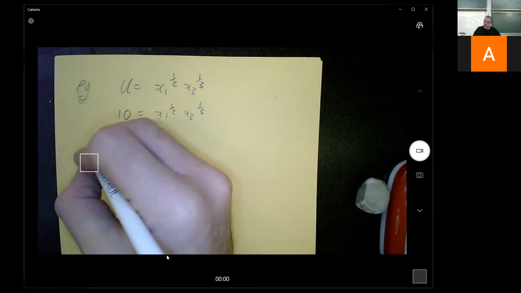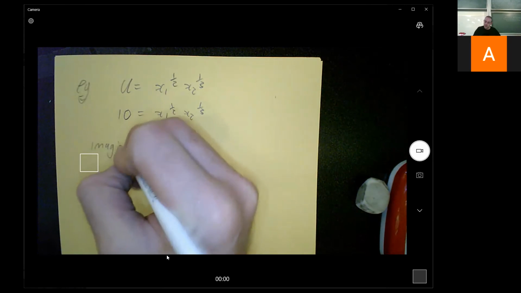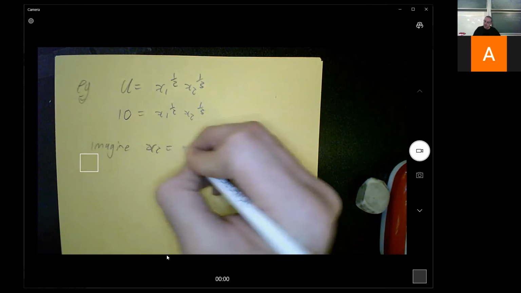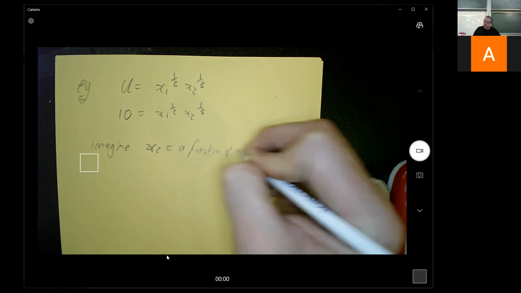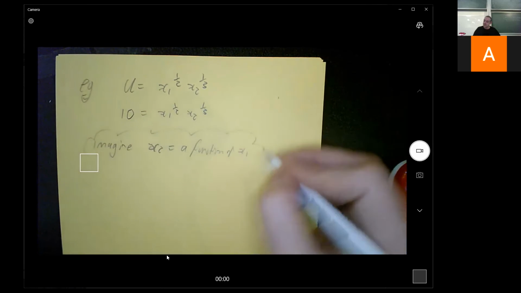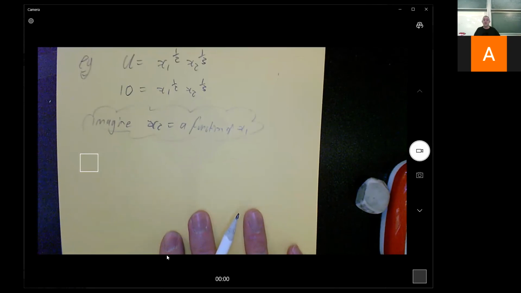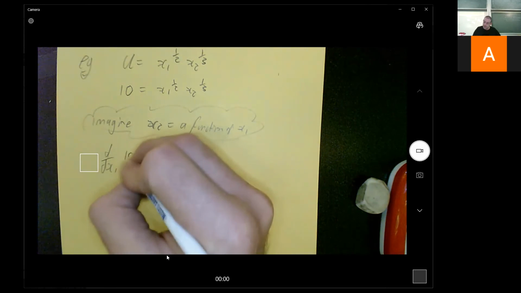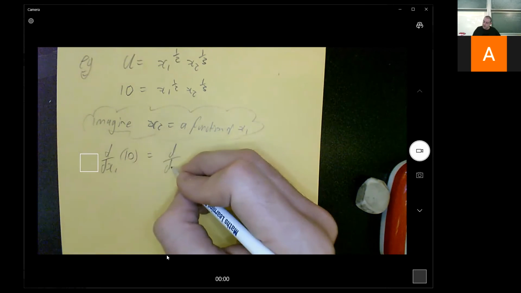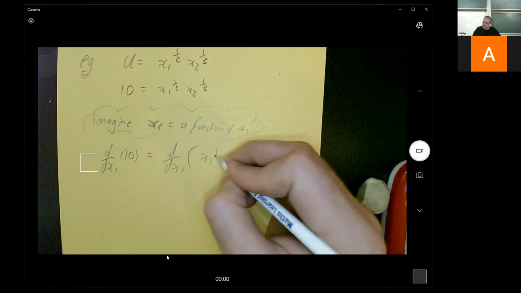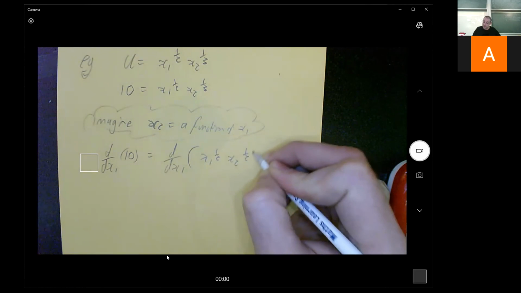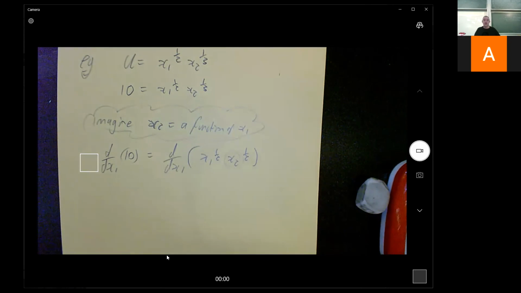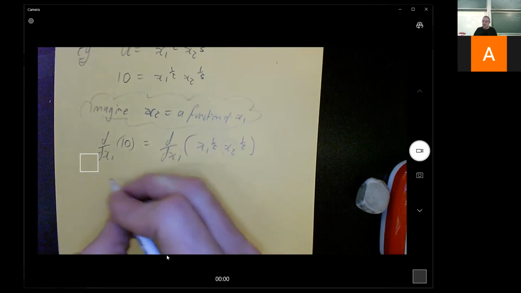So we're going to imagine x2 is a function of x1. That's what we're imagining. And then we're going to do the derivative with respect to x1. So we're going to do d on dx1 here. And we're going to do d on dx1 here. And this is not a partial derivative, because I'm imagining that inside x2 here is some crazy formula that tells me how x2 is a formula based on x1. So this is 0.